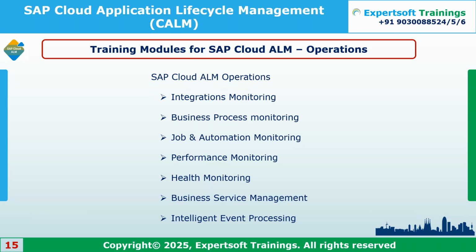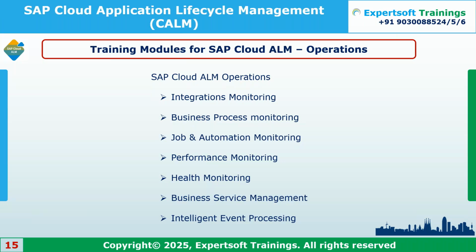Intelligent event processing. In the intelligent event processing, we have event management and alert management, where we can also suppress the types of events if they are recurring. That is similar to suppressing alerts in the SAP Solution Manager, where we can see some type of thresholds which we set for each and every alert.